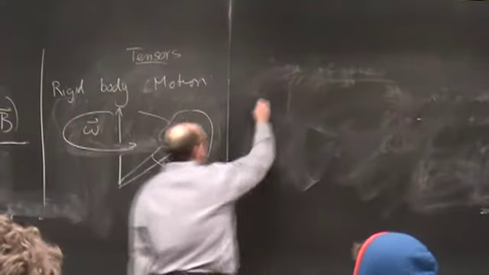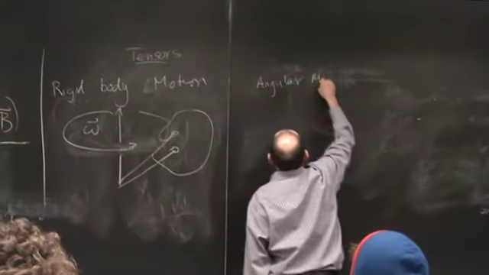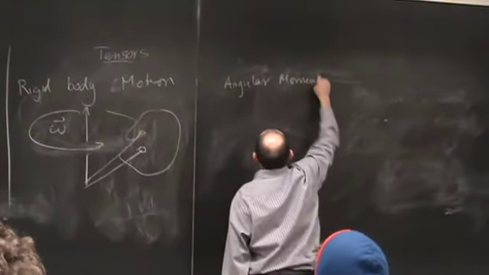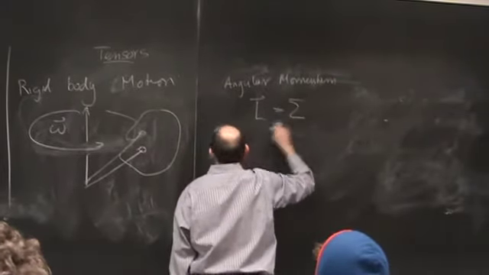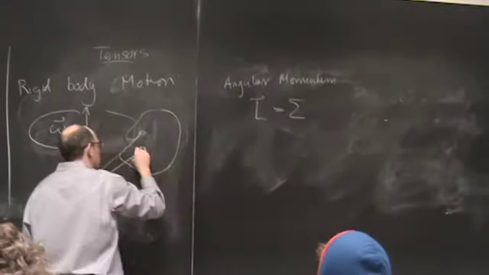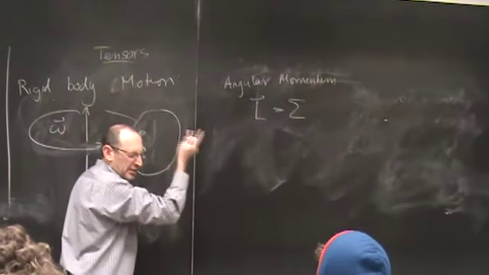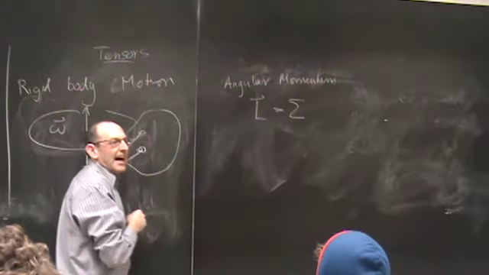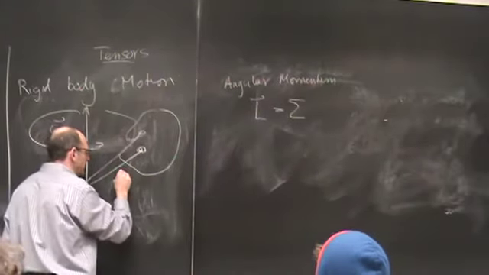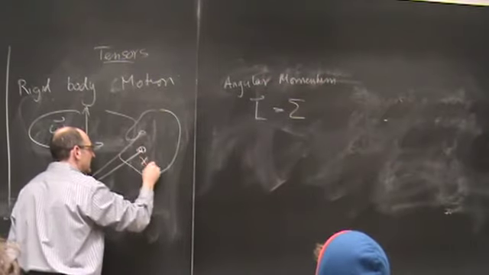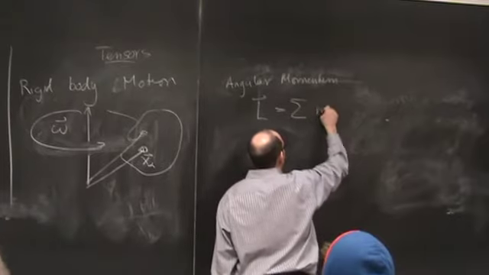So the angular momentum of that body, well, I sum over all, let's say, I should write it as an integral, but let me just write it as a sum because I don't want to deal with continuum for the moment. So there's the alpha position here. Each one is a little dm, but I'll just call it m alpha.